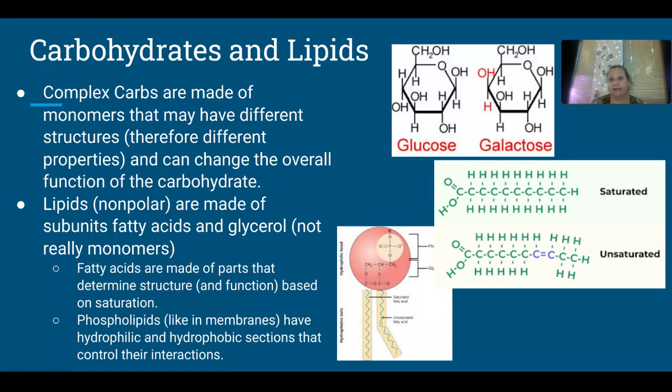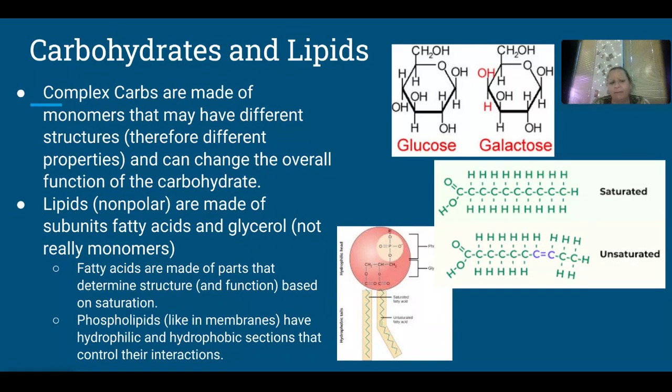Their directionality has been changed. And as a result, we've gone from glucose to galactose. This is a pretty big difference. They actually behave differently. So that structural change, even though it's a small structural change, apparently makes a big difference.